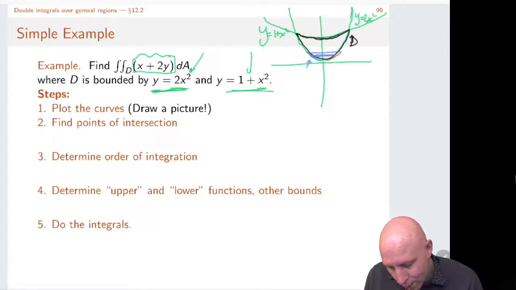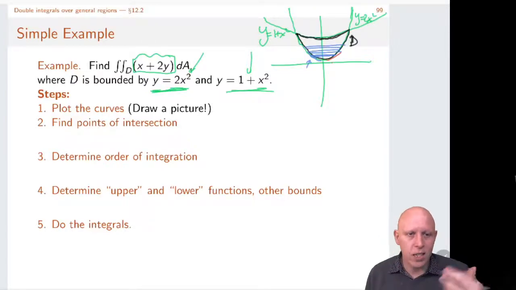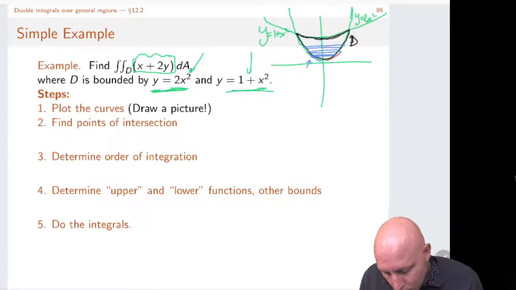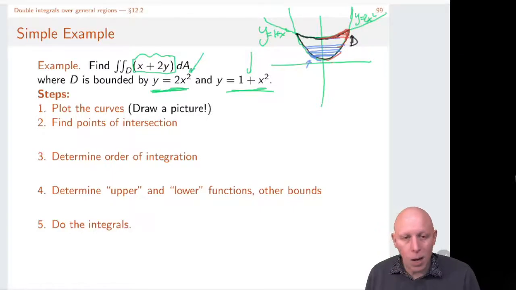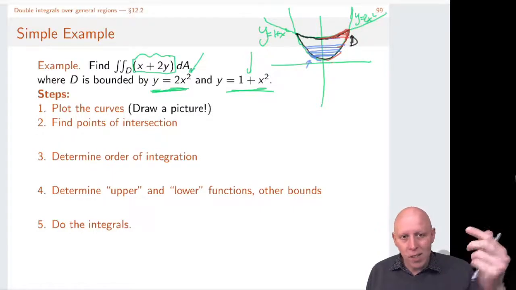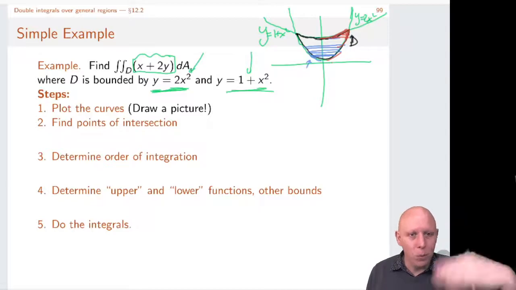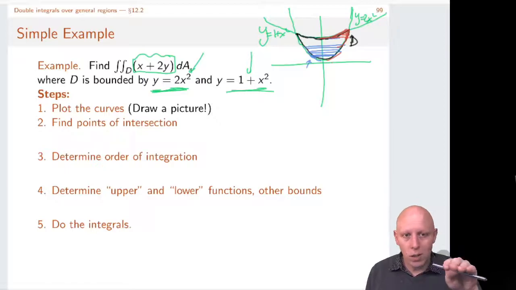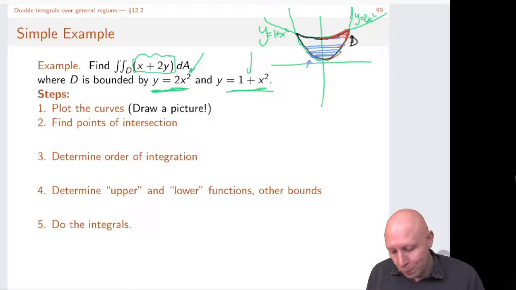When I'm down here, I do fit that same idea that I have the same leftmost function and the same rightmost function. But when I get up here, I start to see that my region doesn't behave very nicely. I have a different lower function and a different upper function. That pair is different from when I'm down below in the blue region. So that's telling me that it doesn't make sense to do horizontal slices. It makes sense to do vertical slices.